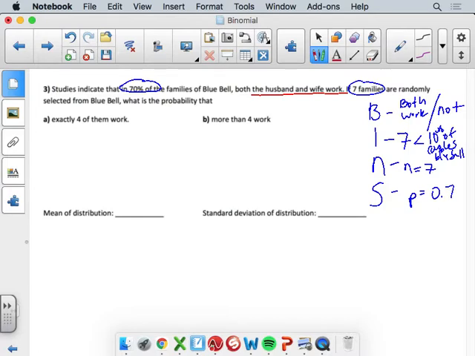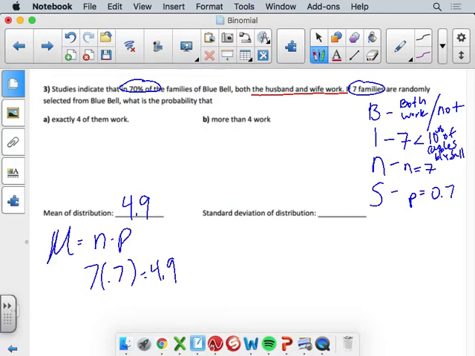Alright, so I am going to do it this time. Let's check our mean, just to see where we expect our average. So the average is, out of 7 couples, what's 70% of 7? 4.9. You don't have to write it in words, but just understand what that means.